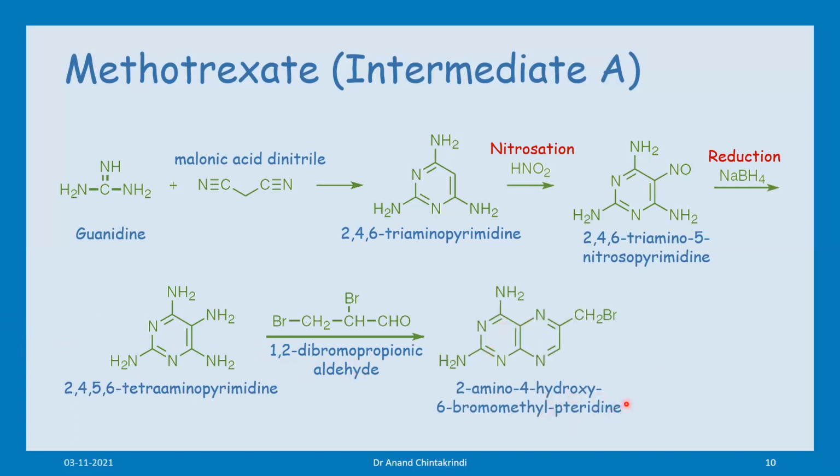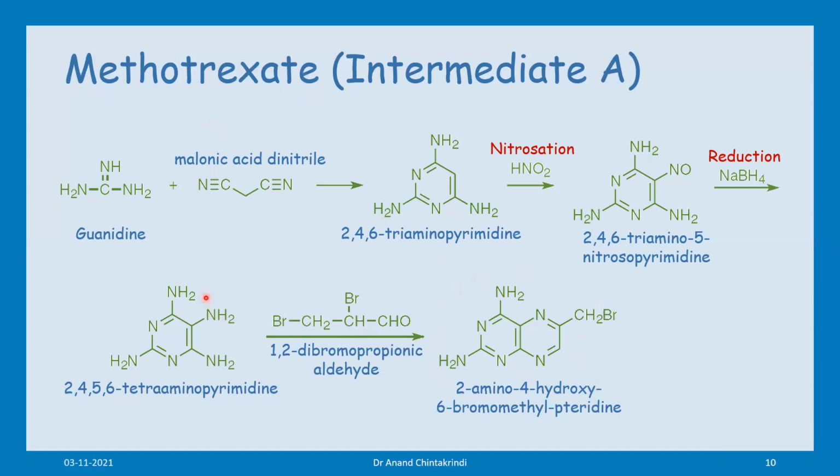Now, this is a very peculiar moiety present in methotrexate. The same pteridine ring is also present in folic acid, as methotrexate is an antimetabolite of folic acid. So this pteridine ring is an important moiety or part of this methotrexate drug molecule.